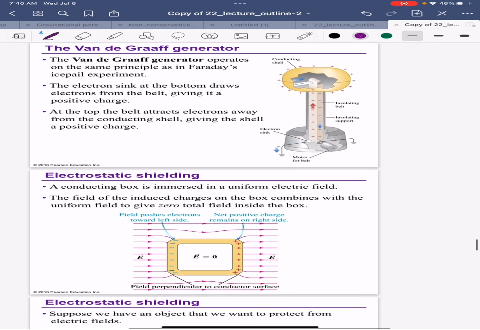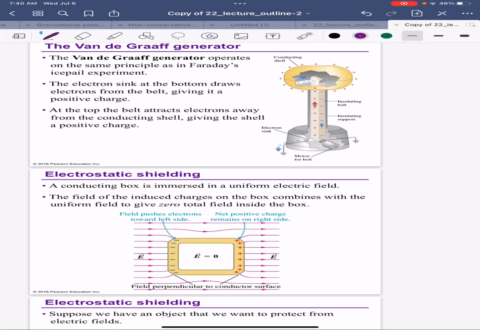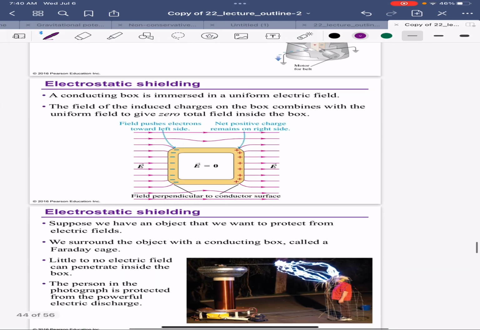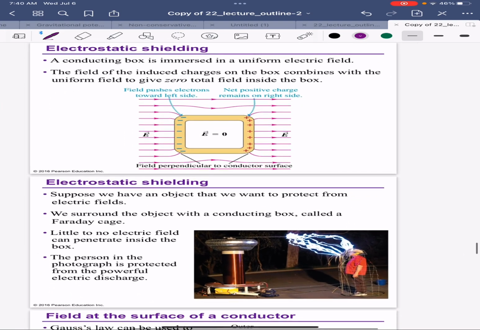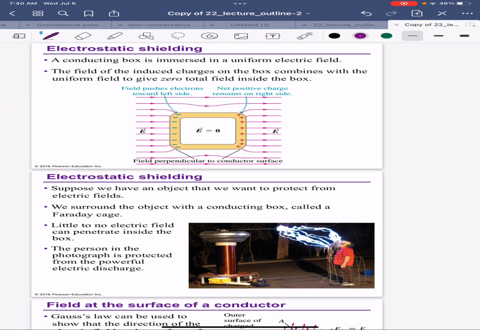There is something called electrostatic shielding, which is a conducting box immersed in a uniform electric field, and the field of the induced charges on the box combines with the uniform field to give a 0 total field inside the box. Then it's safe. Inside it's safe. We don't have any electric fields, and this really shows you the electrostatic shielding.